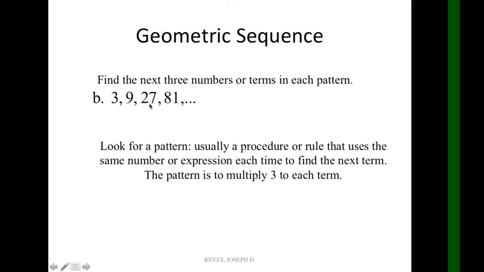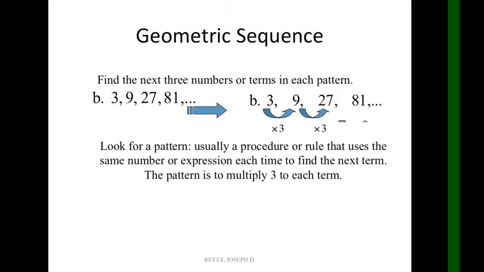At 27, imumultiply mo ng 3, ang magiging answer is 81. So, ibig sabihin, 3, 9, 27, and 81 should be multiplied by 3, okay? Common pattern of times 3.